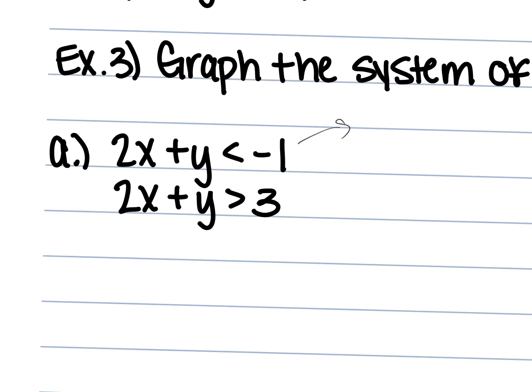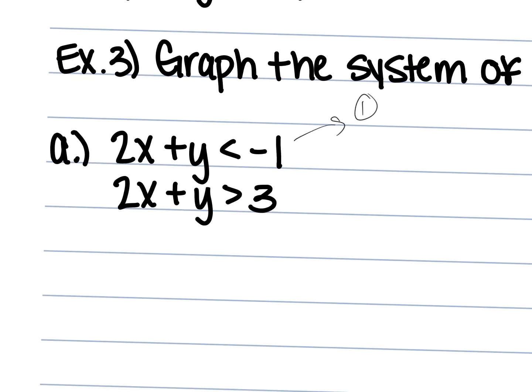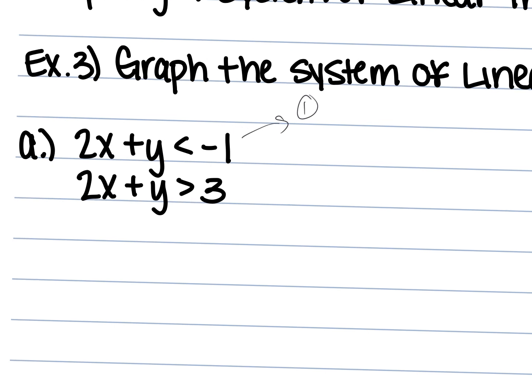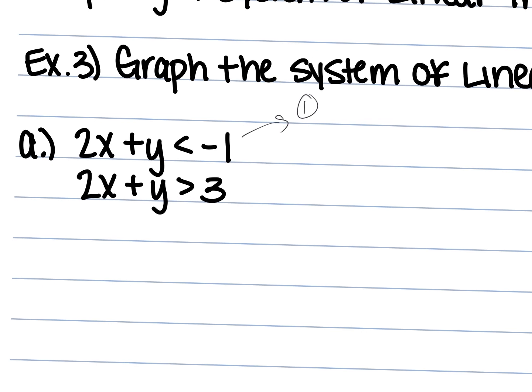And what do we do for step number one? What do I do for step number one? You do, but before you even do that, change it to an equal sign.